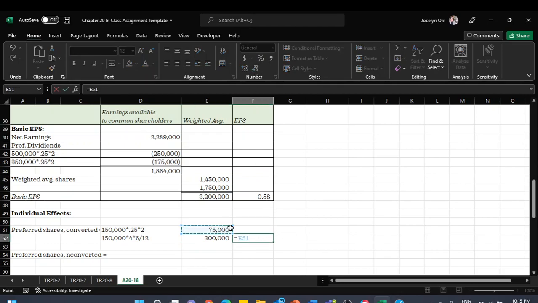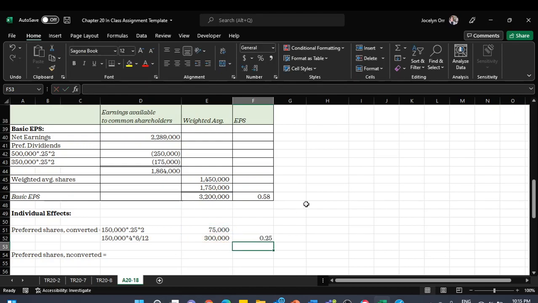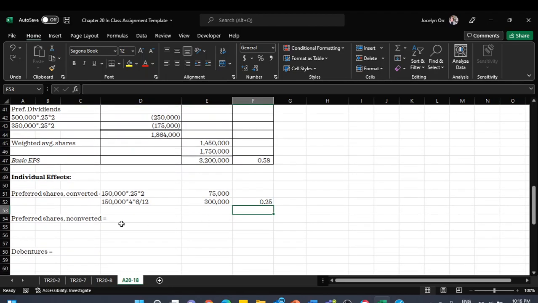So our individual effect is 25 cents. Okay, this is less than our basic EPS, so it has the potential to be dilutive.